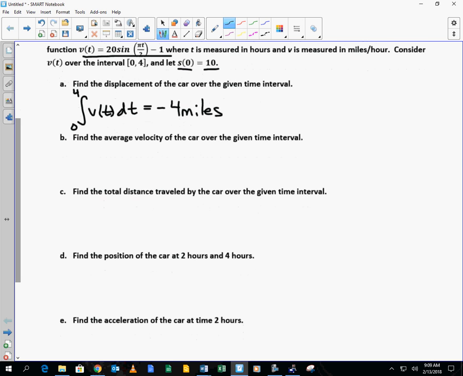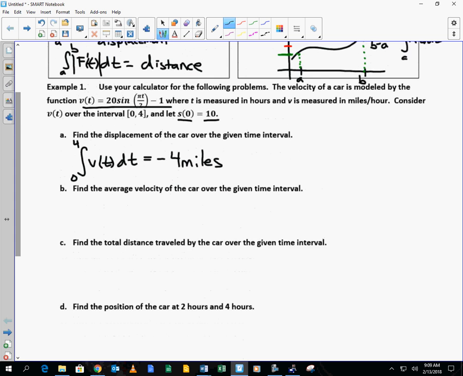All right. Find the average velocity of the car over the given time interval. This is where you got to pay very close attention. Okay. Are we given the position function or the velocity function? So it's wondering the average value of this function.